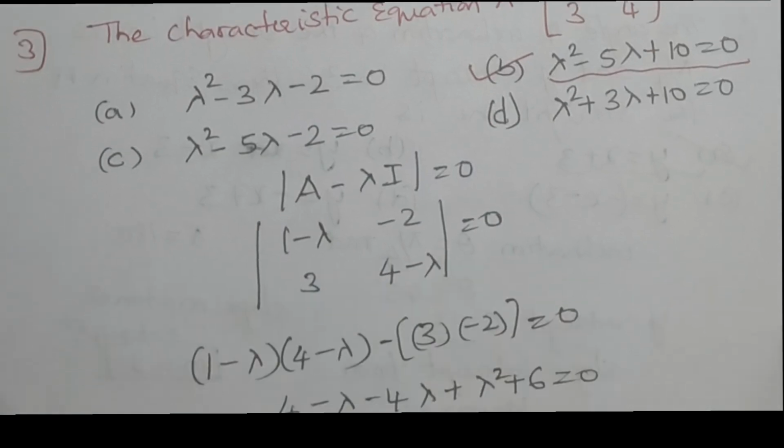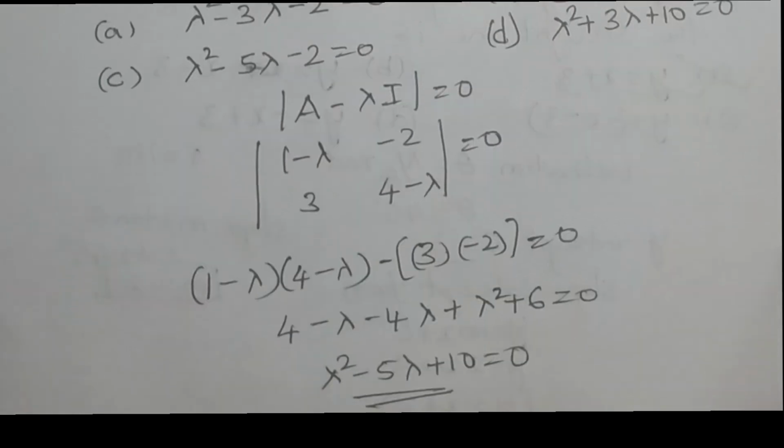So minus 1 minus lambda as it is, you write down 3, minus 4 minus lambda is equal to 0, that you have to do. Later you do the cross multiplication. Next cross multiply this. So you will get 1 into 4, 4, 1 into minus lambda, minus lambda, minus 4 lambda, lambda square.